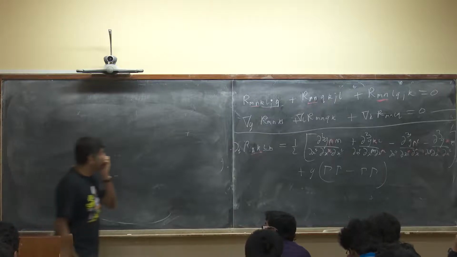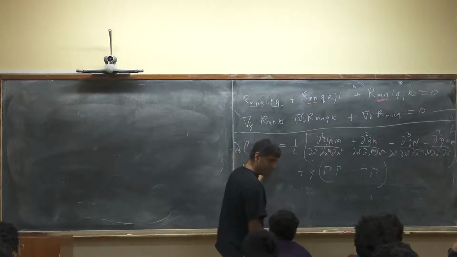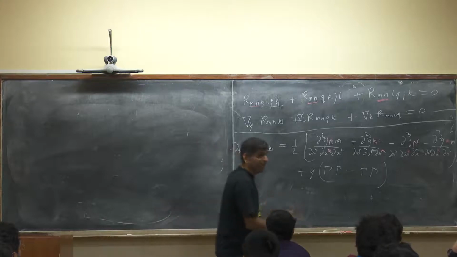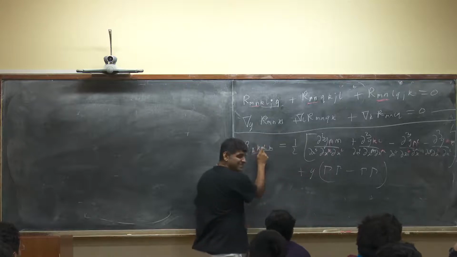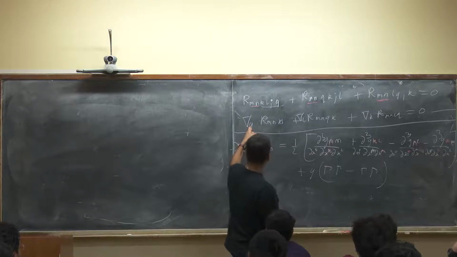You see, had these indices not been there, this would really have been a form. And these derivatives would really have been ordinary derivatives. Now, because these indices are there, even though they're going along for the ride, this covariant derivative here is not just the ordinary derivative.